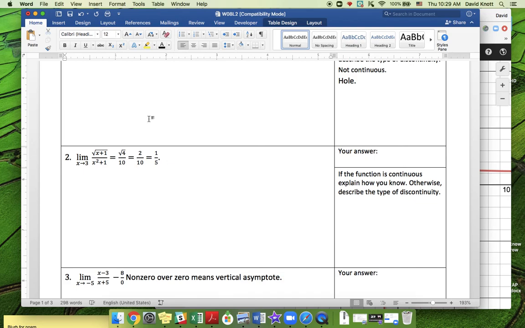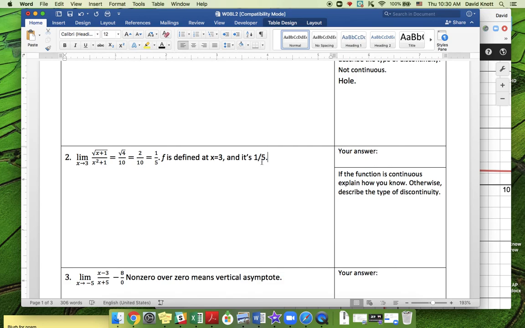That's telling us that this function f is defined at x equals 3. It's defined at x equals 3, and it's 1/5, okay? So actually, this function is continuous at, excuse me, at 3, right? It's defined there.